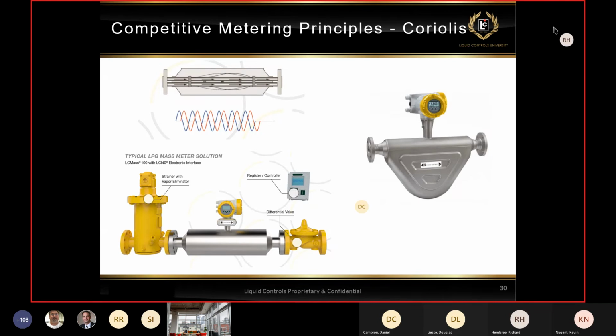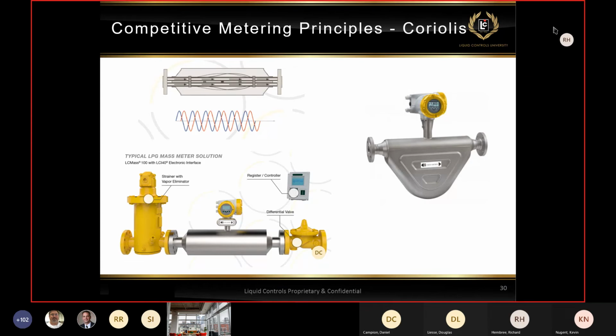It can be very expensive to maintain, and you still need to have the ability to strain the product before it goes into it, and also the air elimination system. This particular one is depicting an LPG application, so there's also a differential pressure valve. So this is an inline, therefore, as the mass meters go, it's a lower pressure drop than others, but it still has a high pressure drop system to it.